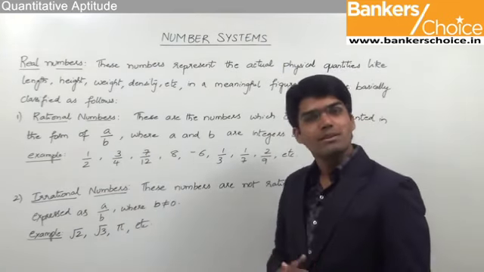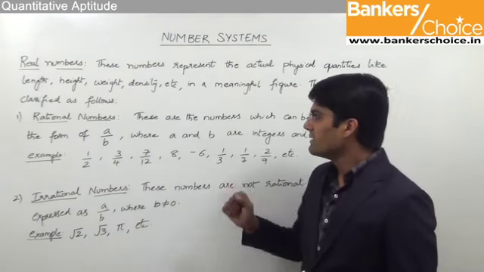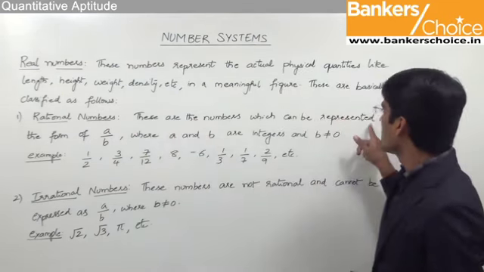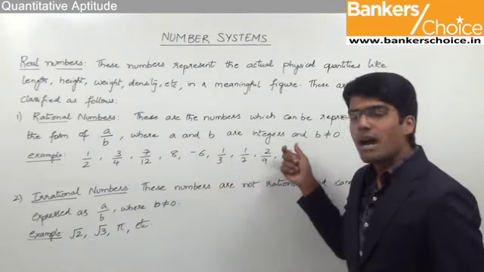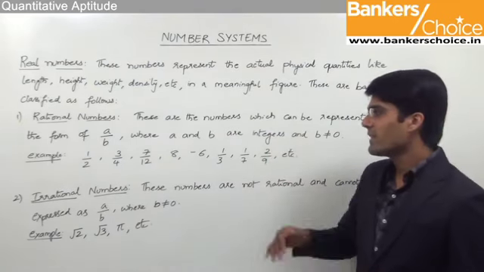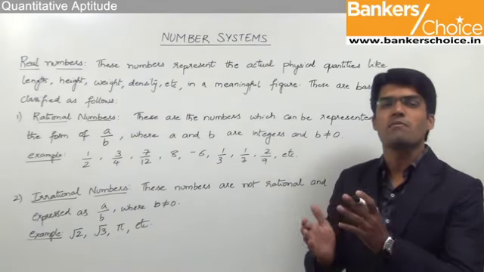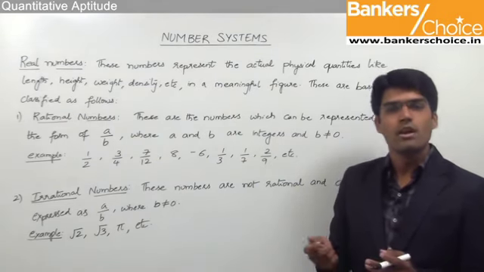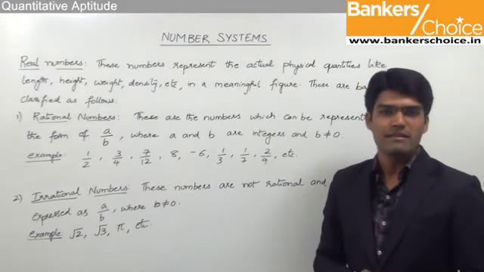Now rational numbers are those numbers which can be represented in the form of A by B. As you can see here, these are the numbers which can be represented in the form of A by B, where A and B are integers and B should not be equal to 0. So as we can understand from this definition, rational numbers can be expressed in the form of a fraction, that is A by B, where the denominator B should not be equal to 0 and A and B have to be integers.